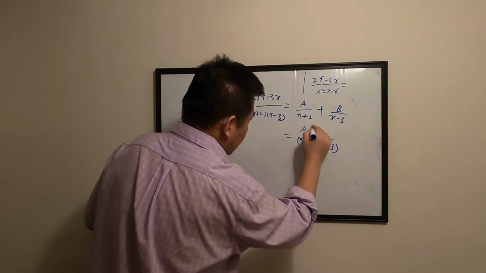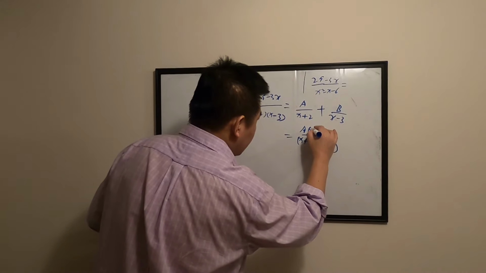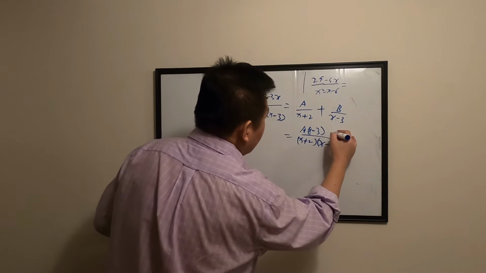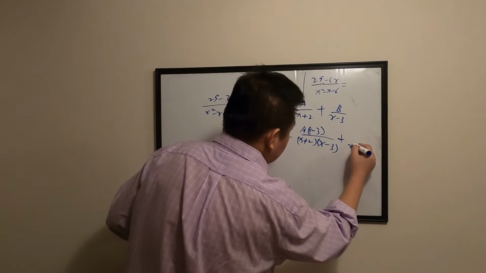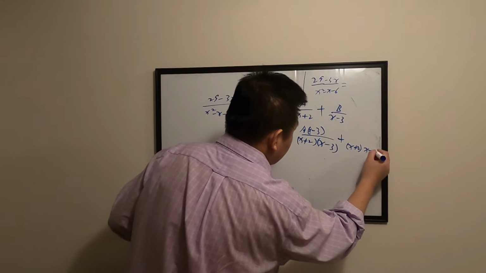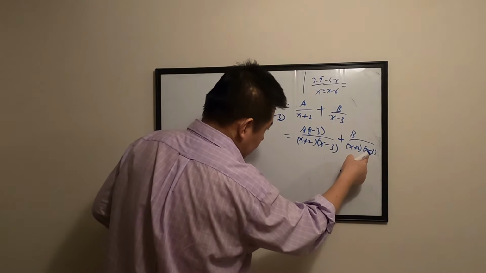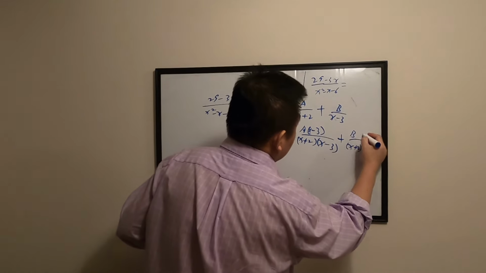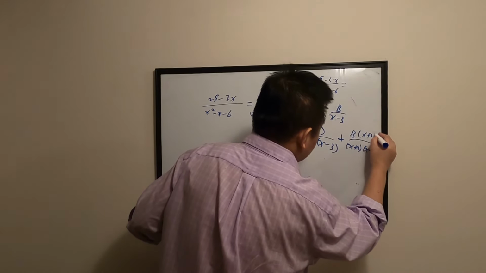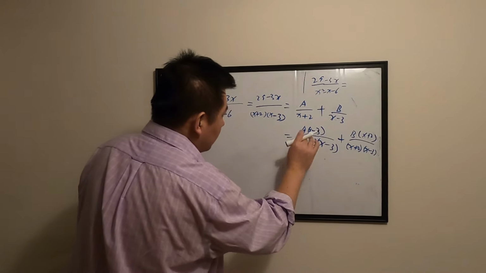So here A times x minus 3 plus B times x minus 3. So we multiply numerator and denominator by x plus 2. Okay. So then I FOIL.